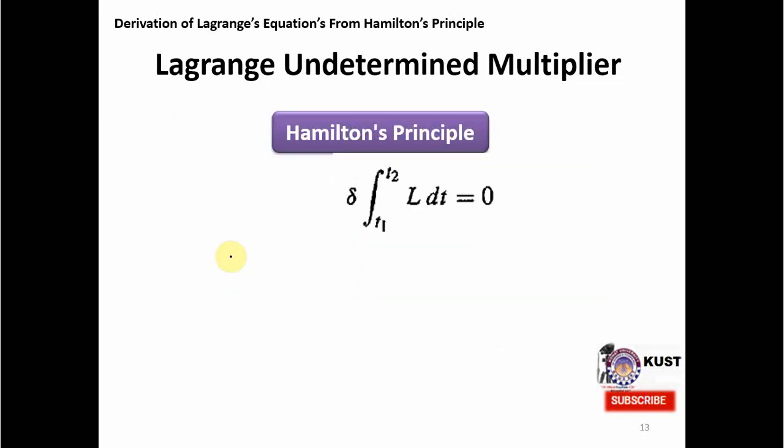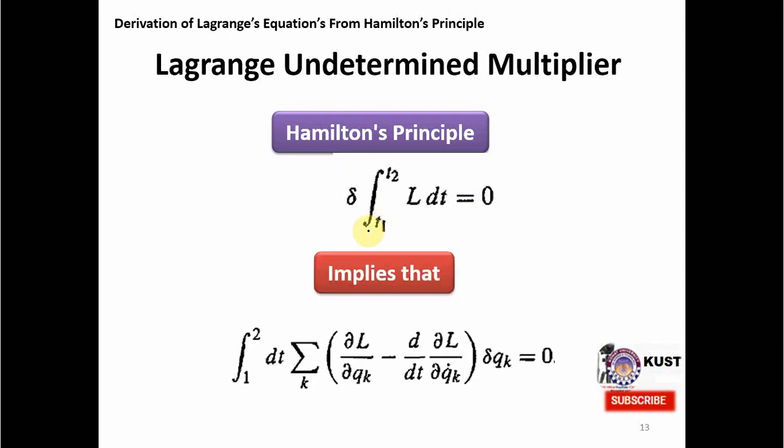So we can make its connection to Hamilton's principle. Let's now define Hamilton's principle in terms of Lagrange multipliers. You remember that we have this Lagrangian, the integral of L dt, and this variation must be equal to 0 for the correct path.